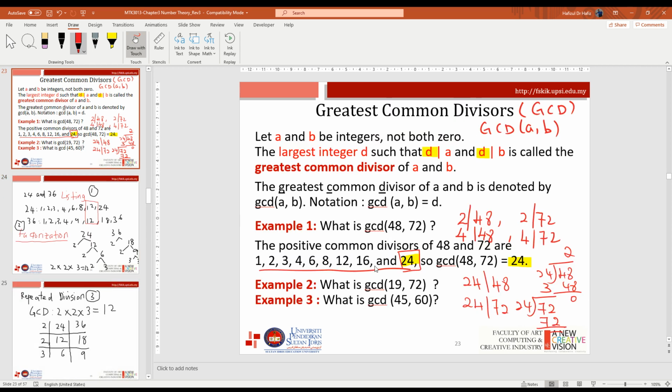Okay, and then we look for the GCD, greatest common divisor. The greatest common divisor of two non-zero integers a and b is the greatest positive integer d such that d is a divisor of both a and b.